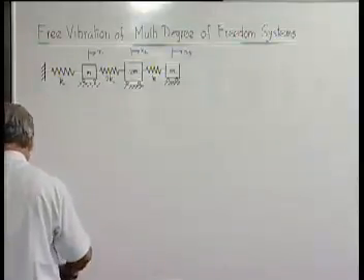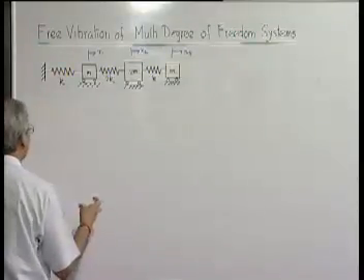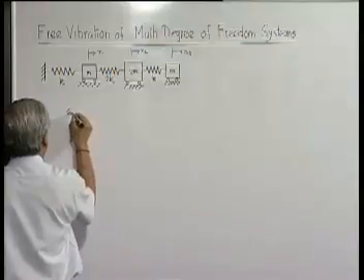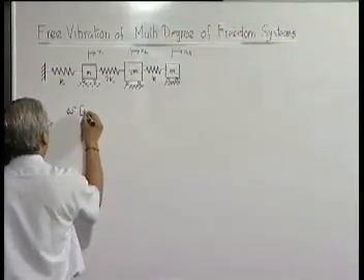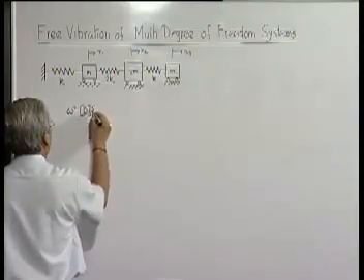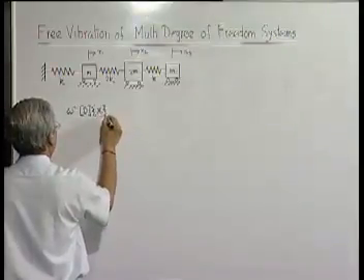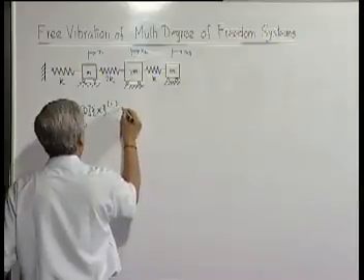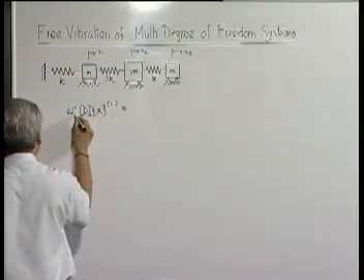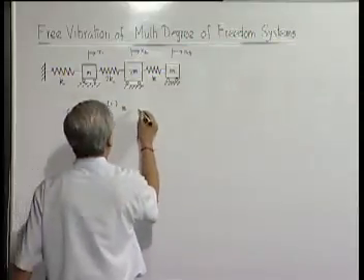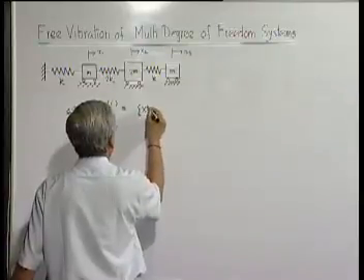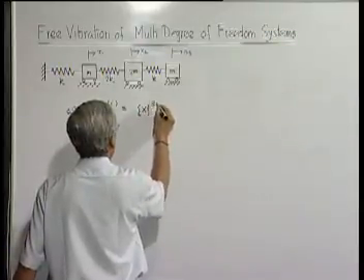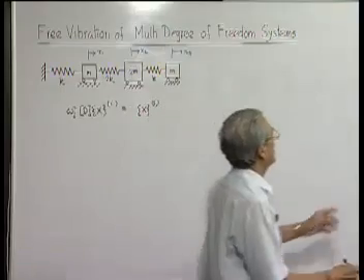Now we have seen that omega square D x, say for a particular mode i, this is a particular frequency i, is equal to x.